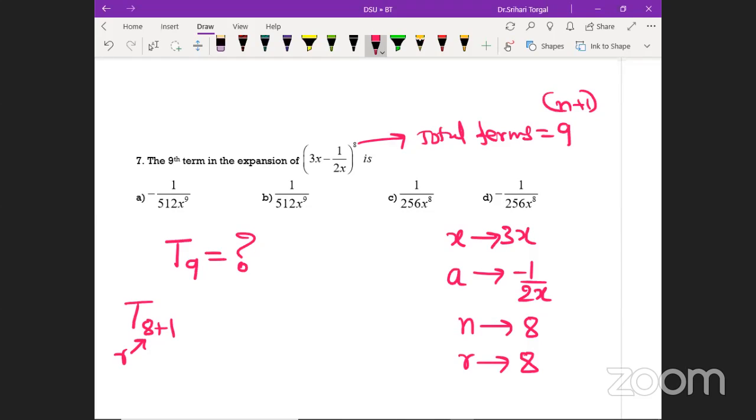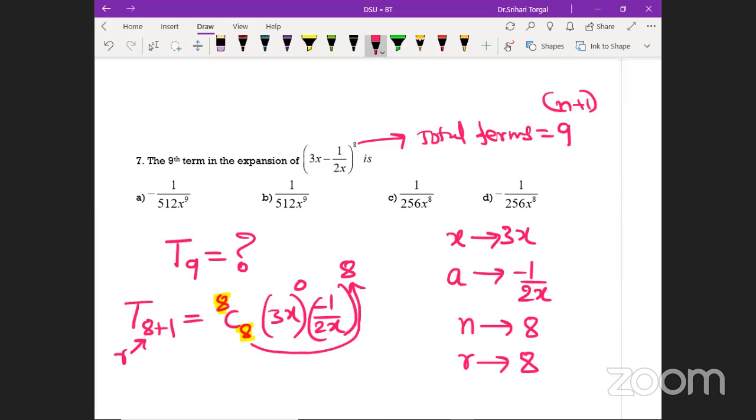So it is T9. T9 is what? nCr. What is n? 8. What is r? It is 8. Whole power. What is x? 3x. What is a? Minus 1 by 2x. Correct? Now, we subtract these two and write 0. And I raise this power as it is for the second term as 8. 8C8 is 1. 3x whole power 0 is also 1.